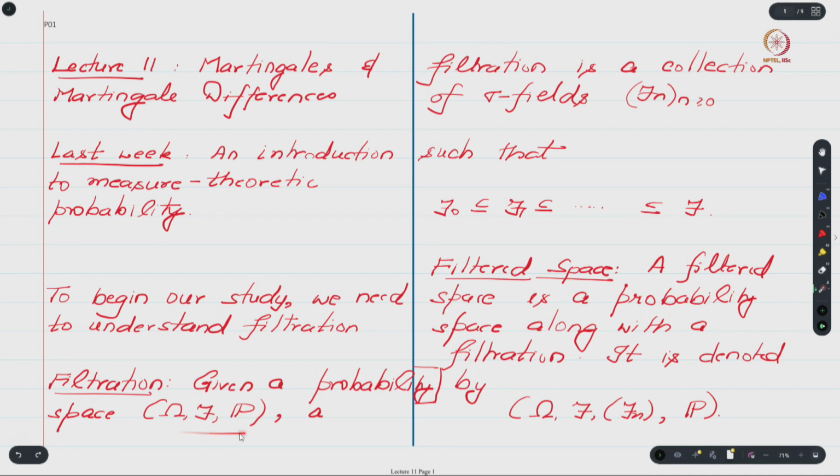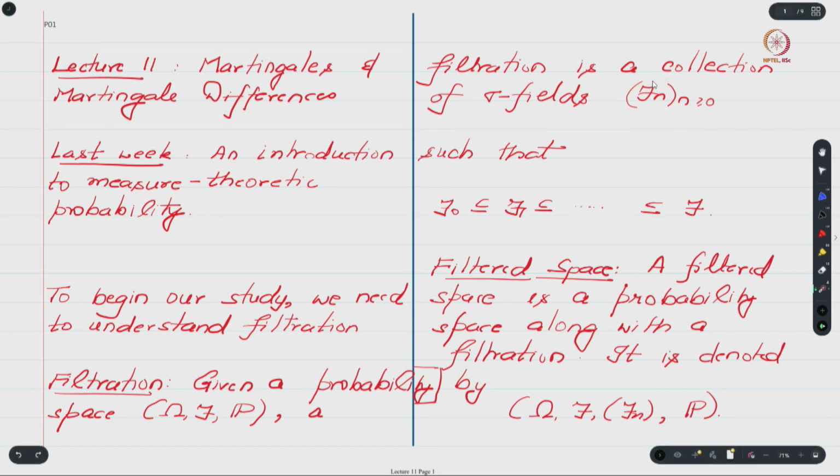So given a probability space omega, F and P, a filtration is a sequence of sigma fields with the property that F0 is a subset of F1, F1 itself is a subset of F2, and so on and so forth, and every element in the sequence of sigma fields is a subset of F, right. So this is what a filtration is.